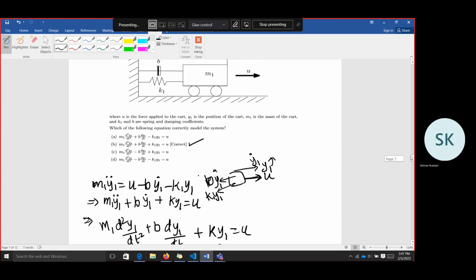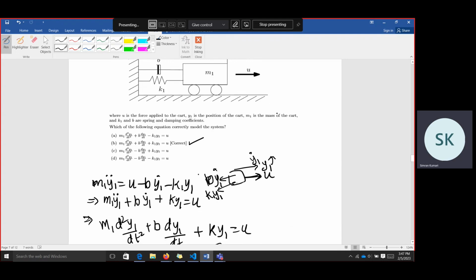Okay. So this is a system and we have a mass M1. It is saying that this is a displacement y1, and if there is displacement, obviously we will have some velocity y1 dot, and correspondingly some acceleration. This may be zero or non-zero, but we are not bothered about this.